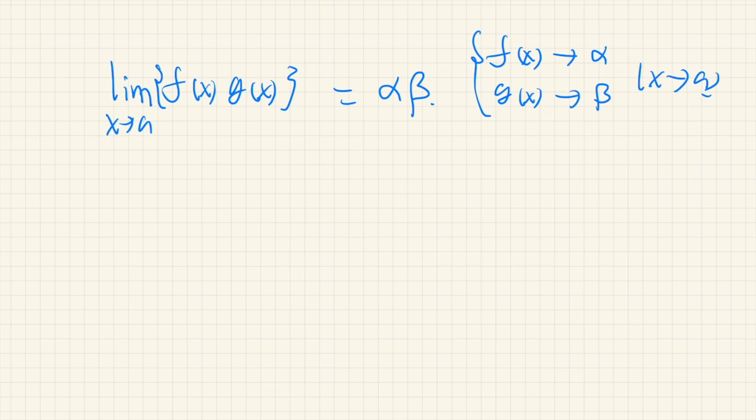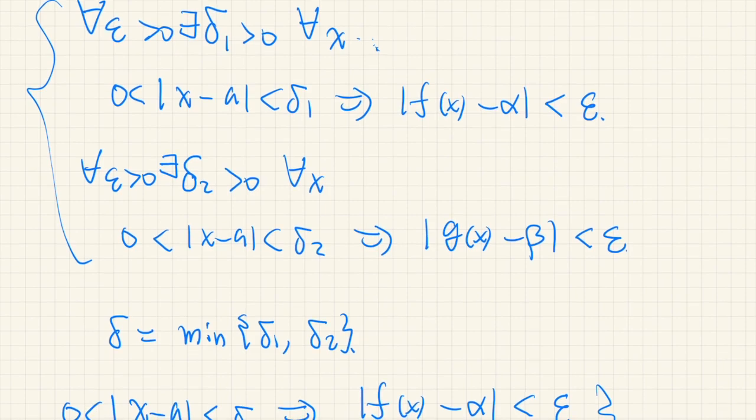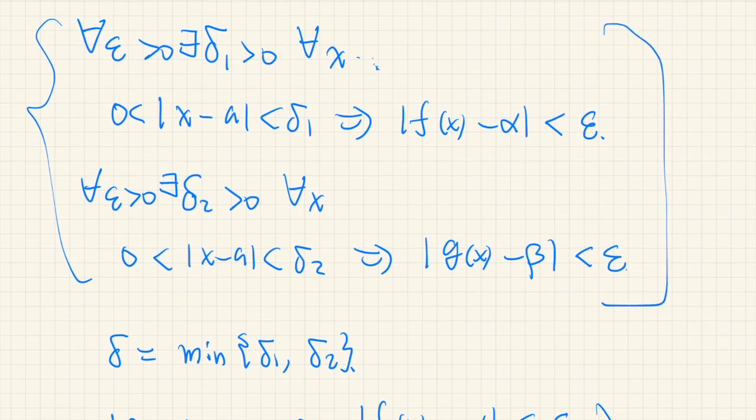Let's prove this. Again, let's take delta as the minimum of delta 1 and delta 2, and these are the same delta 1 and delta 2 as we have used here.